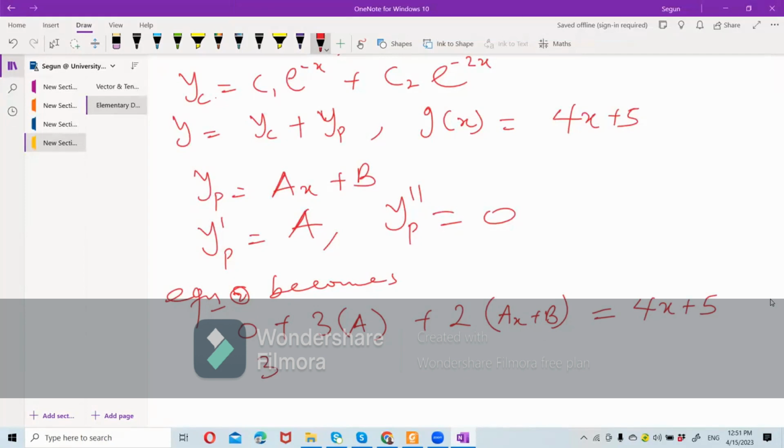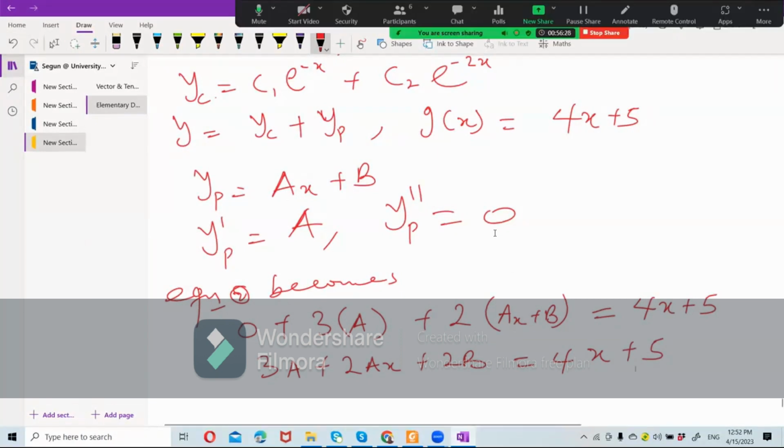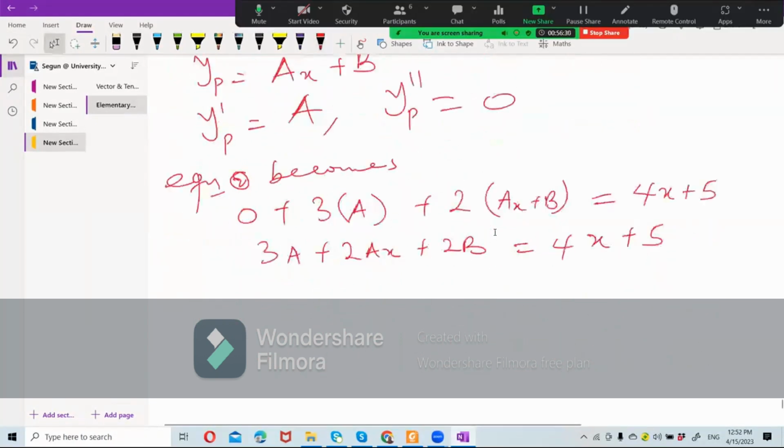You have 3a plus 2ax plus 2b equals 4x plus 5. Interesting results. So the one with x, let's look at it.